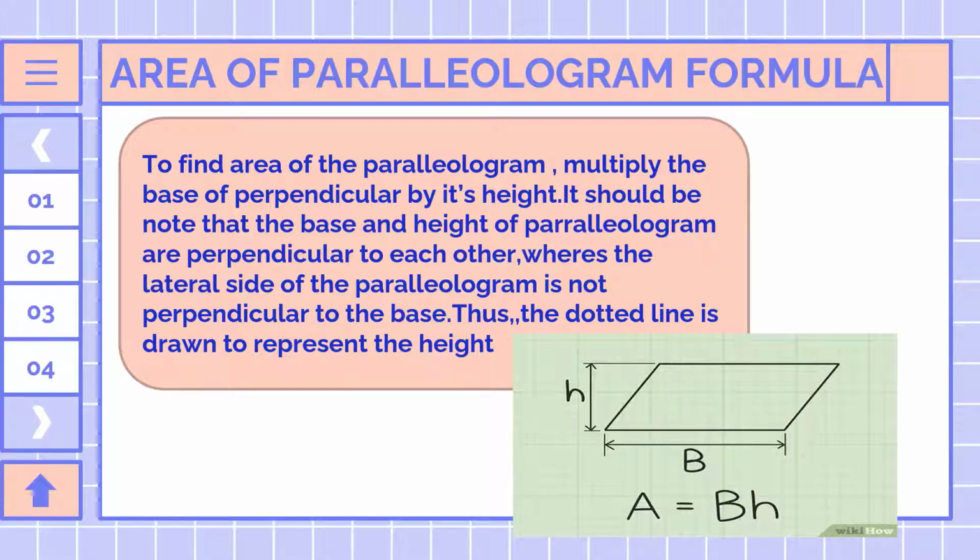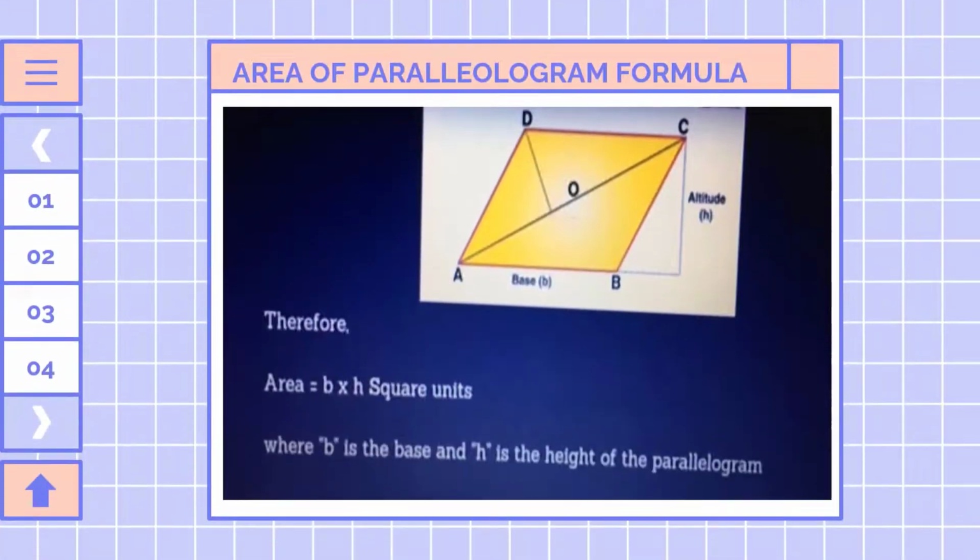Thus, a dotted line is drawn to represent the height. The formula is area equals B multiply H square units, where B is the base and H is the height of the parallelogram.